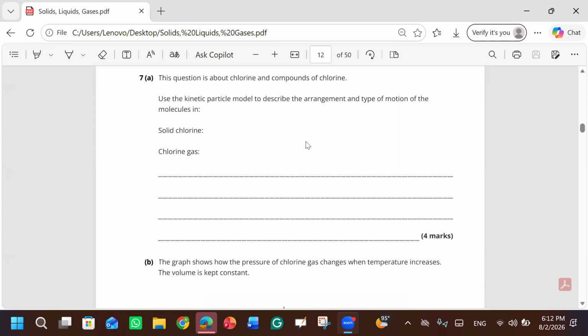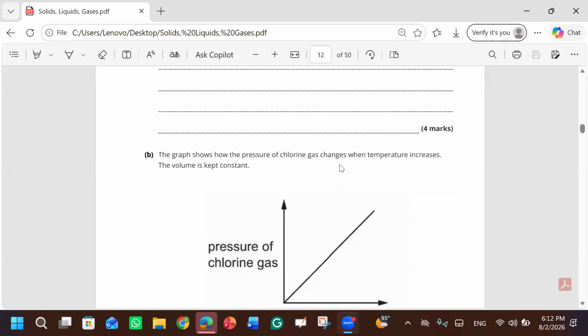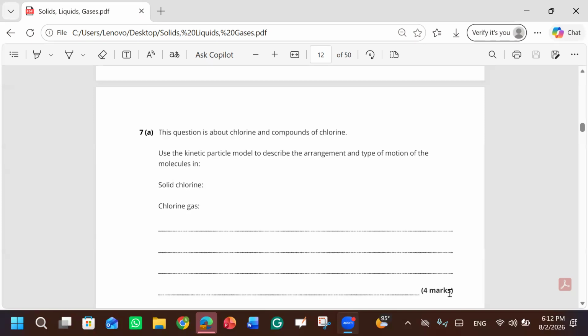Okay, good. Let me tell you one more thing. They have mentioned that this question is for 4 marks. It means you have to write two characteristics for solid chlorine and two points for the gas when it is in the gaseous form.